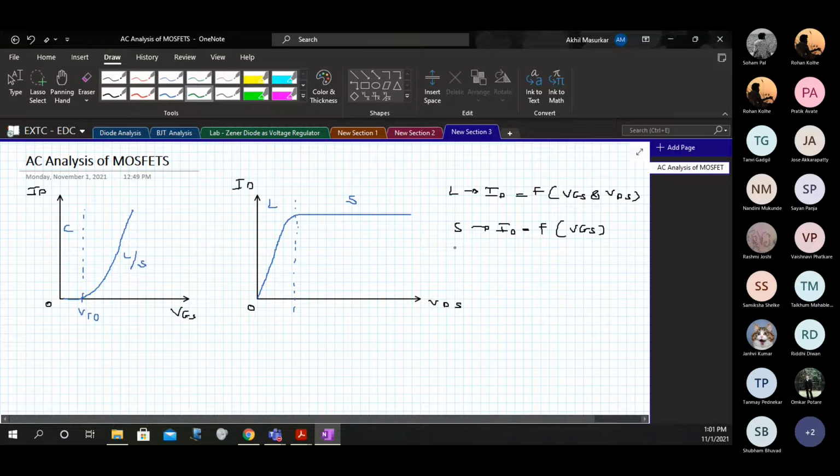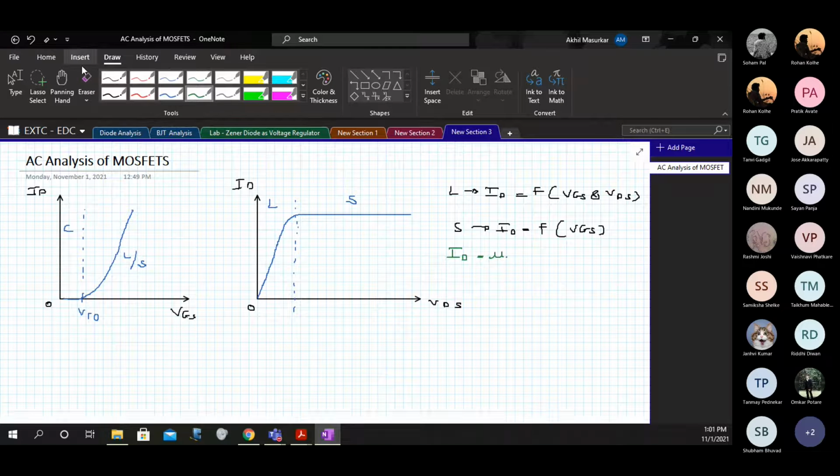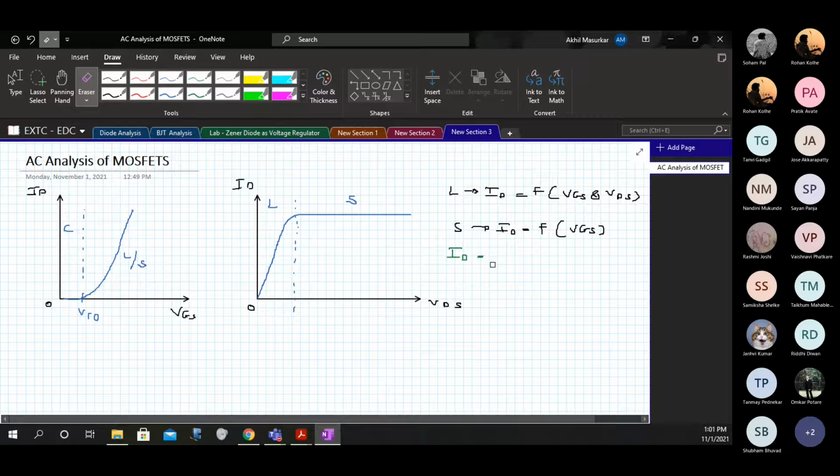So if you want, I'll just write them. In the saturation region, we had ID is equal to Kn by 2 times VGS minus VTO the whole square, and here in linear the equation was somewhat like this: ID is equal to Kn by 2 times VGS minus VTO times VDS minus VDS square.